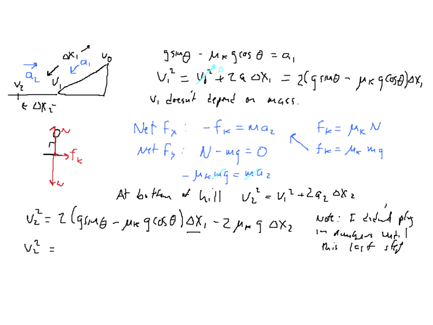So when I do this, I get about 2,600 meters squared per second squared. So that means V2 equals 50 meters per second, which is crazy fast.